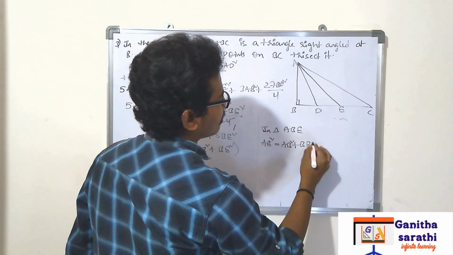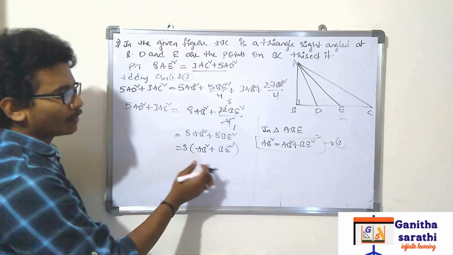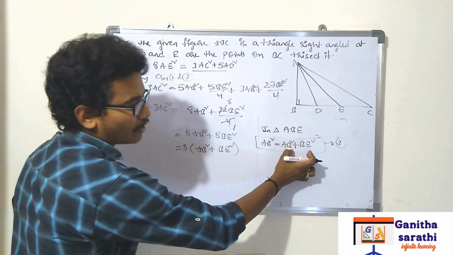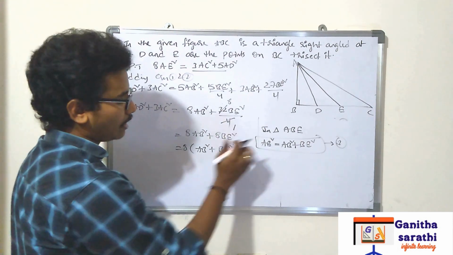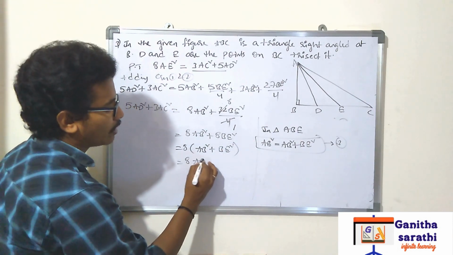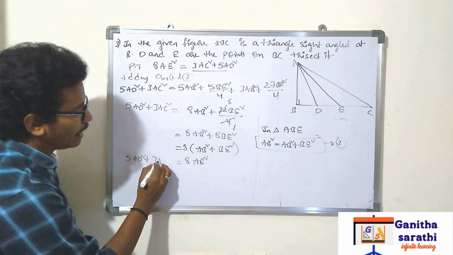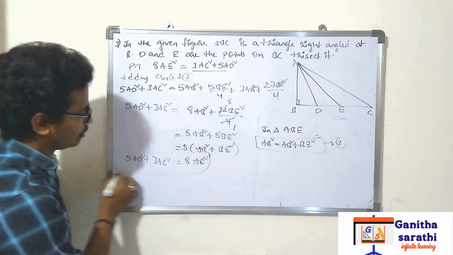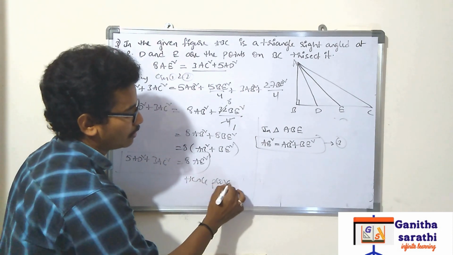Now use this equation 3 here. In the place of AB square plus BE square, what can you write? AE square. So 5AD square plus 3AC square is equal to 8AE square. That is our proof.